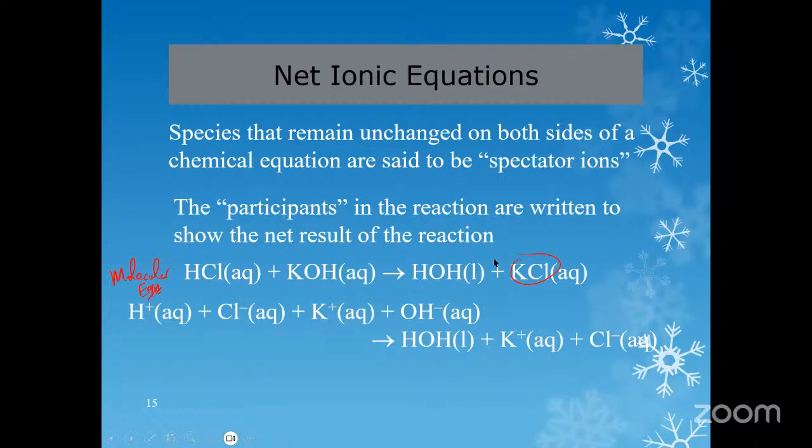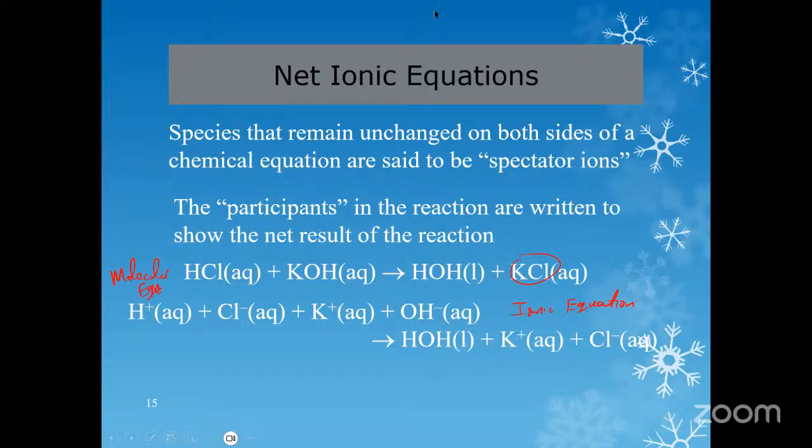The water is a molecular compound, so that will not break up. That will remain intact. And then we have the potassium chloride, which is an ionic compound in an aqueous solution. That will undergo complete dissociation as well. So we call this equation here, let me write it here, the ionic equation. The ionic equation shows you all the ions that will be present in this solution, either as reactant or product.